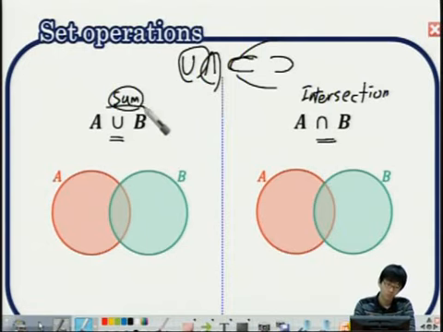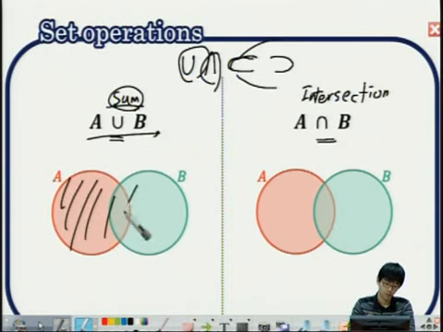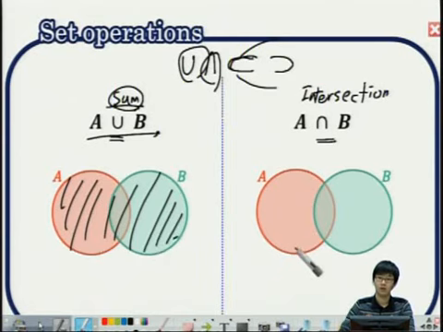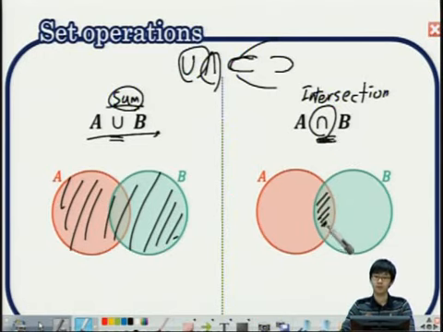The sum will be, I'm gonna color this. What is this sum? This will be all these points. By the way, this intersection, which is literally the intersection in English, is this part, actually. So it's easy.